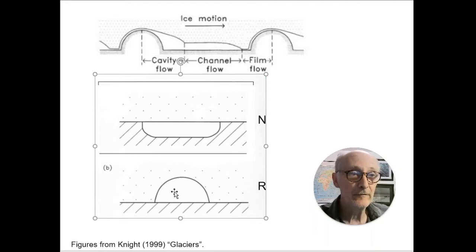If it's full of water under pressure, then the water pressure itself can keep the tunnel open against a certain overburden pressure from the ice. And also by melting or erosion of the tunnel, including thermal erosion, but melting or erosion of the ice by the water flowing through that channel. So if lots of water is flowing through, that will help to keep it open.